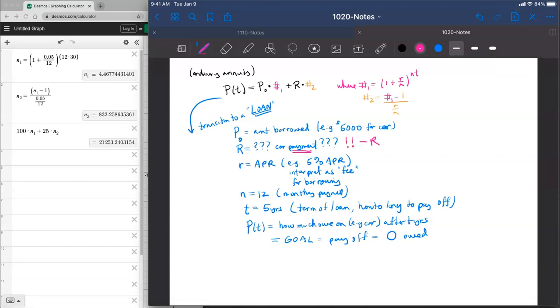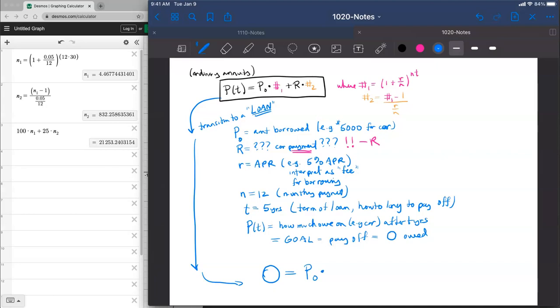And so now we can put all this together. We can take the ordinary annuity equation, and we're going to transition that into a loan formula. I'm going to pay off the loan. So I want 0 to equal the principal, how much I owe on the car, for example $5,000, times number 1.